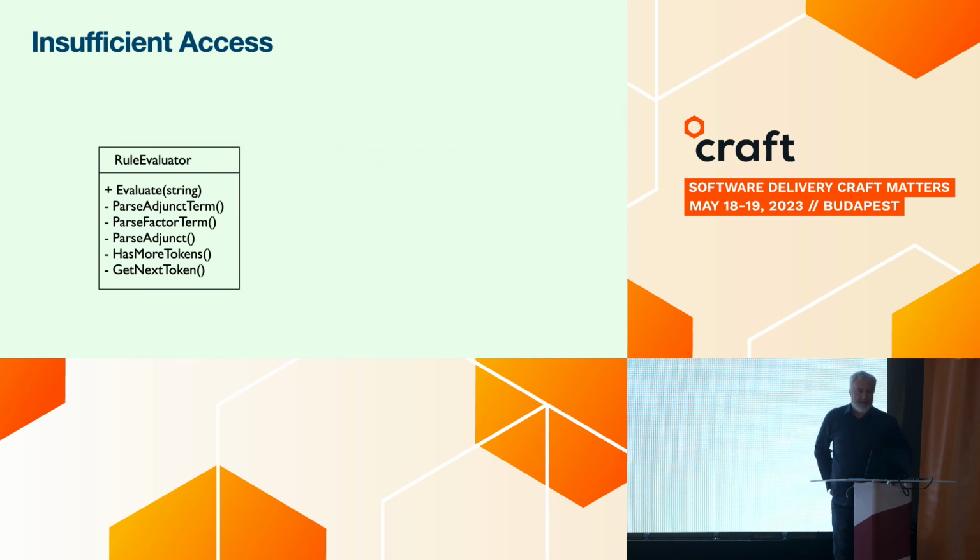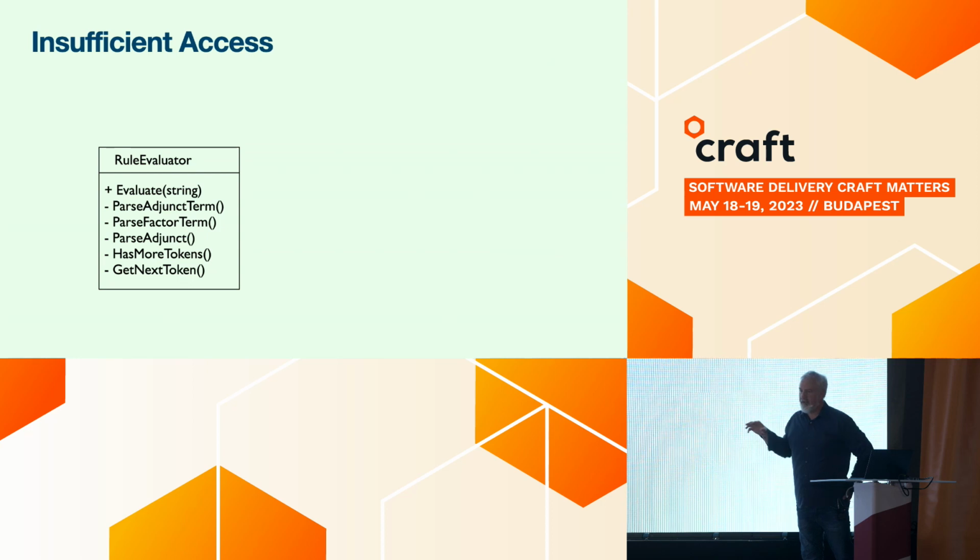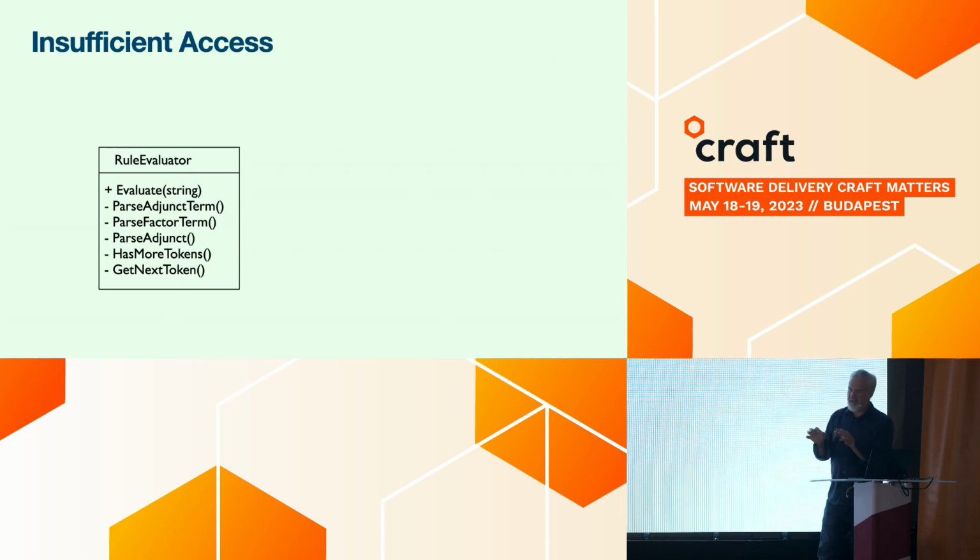But sometimes you have the urge to test something inside of this. Maybe there's this method here, has more tokens, and I want to understand some odd case, some particular condition that happens inside there. So I'm wondering, what do I do to format a string to exercise that exact case? Maybe the string is going to be non-obvious. So you end up looking at the test, and it's testing the tokenization stuff.